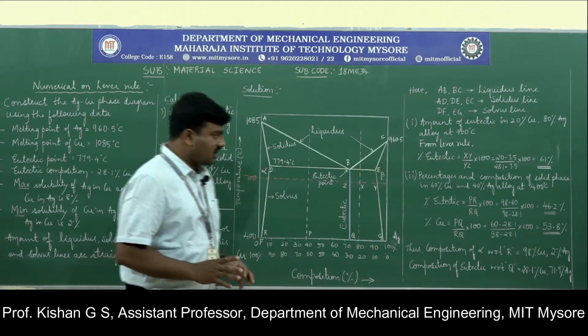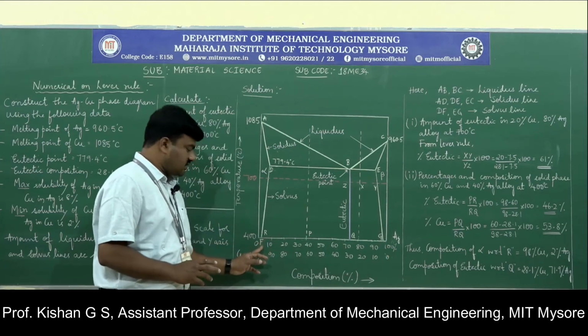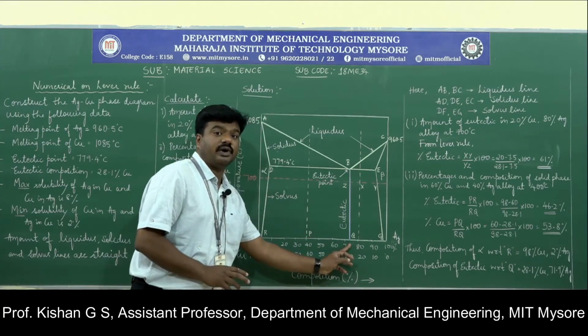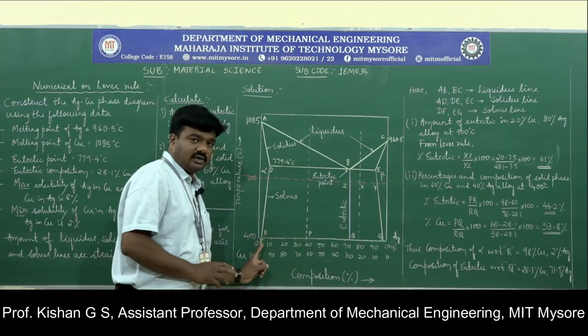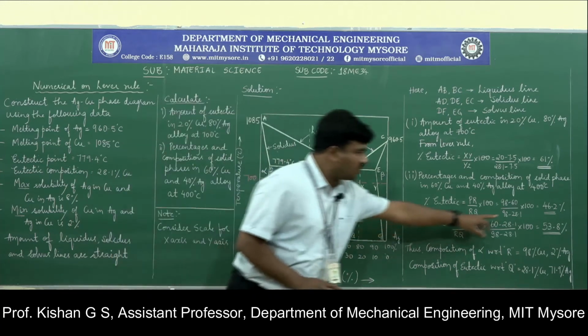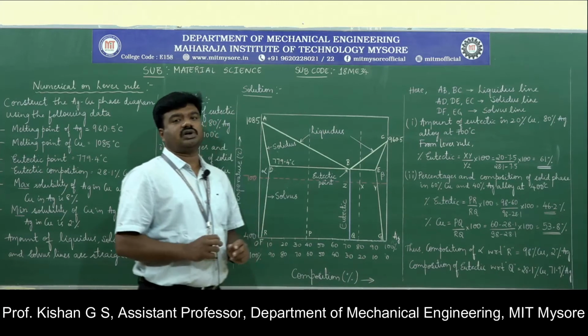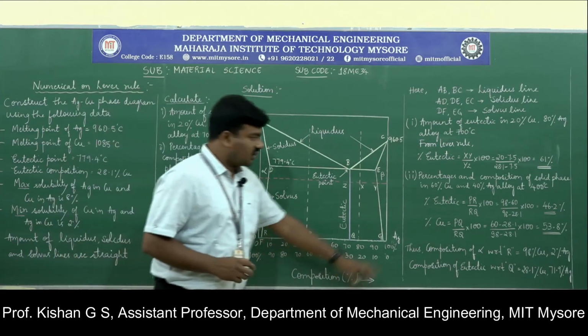From the reference, R is at a distance of 98, and Q is at a distance of 28.1. So to measure RQ, it is 98 minus 28.1. That gives us the percentage of eutectic, which is 46.2%. And similarly, what happens for copper now?